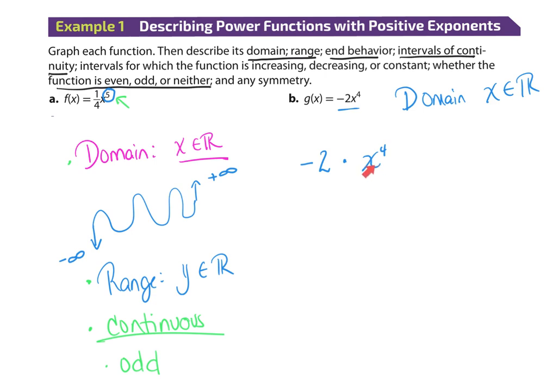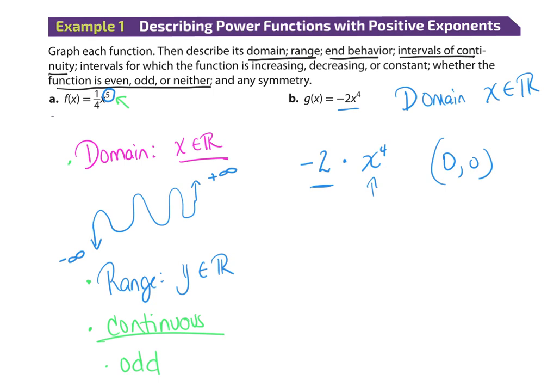If I plug in negative 2, I'm going to be positive, right? So the smallest number that I can get here is to plug a 0 in. That's the smallest I can get, and if I plug a 0 in, my y value will be 0. Everybody agree with that? So if this is always positive, multiplying it by negative 2 will make all my other y values always negative. Does that make sense?